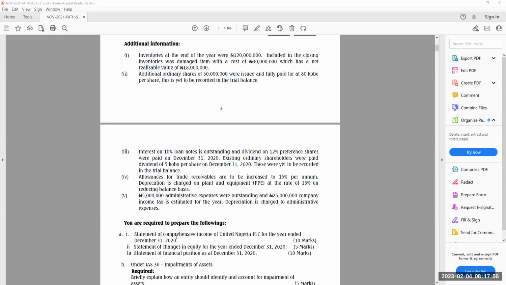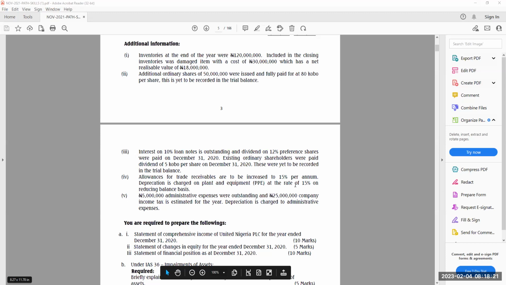Number three, interest on 10% loan note is outstanding, and dividend on 12% preference shares was paid on December 31st, 2020. Existing ordinary shareholders were paid a dividend of 5 kobo per share on December 31st, 2020. These are yet to be recorded in the trial balance.